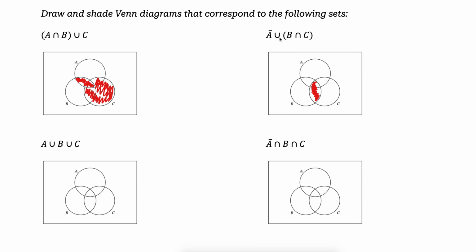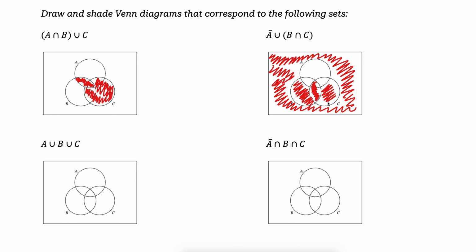And we're going to union this with the complement of A. So the complement of A is everything that's not part of A. So when we deal with the complement of A, it's all of this out here. And then it's the part of set B that does not overlap with A, and the part of set C that also does not overlap with A. So this is a larger area that's shaded for the second one.